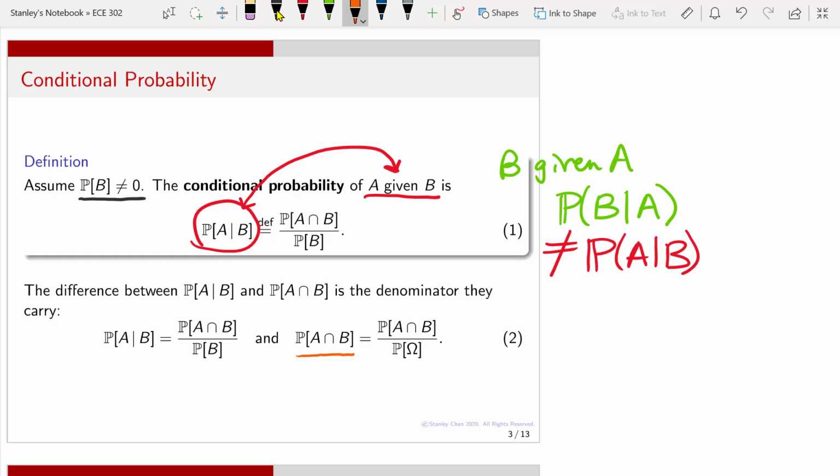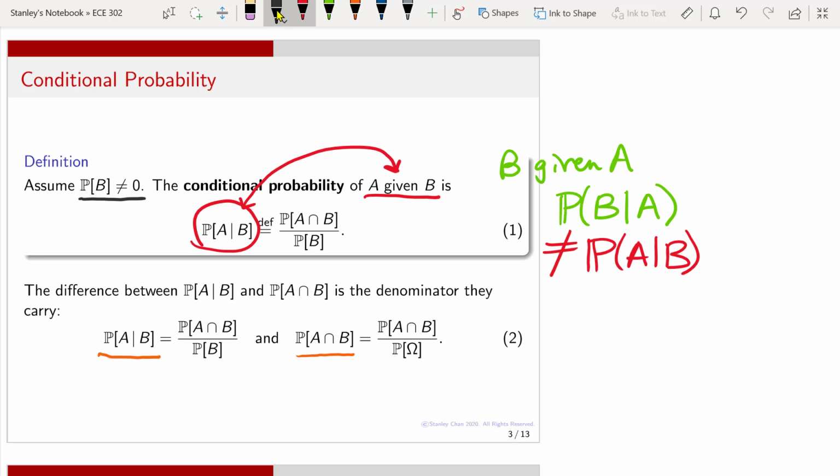Let us consider two probabilities. The first probability is A given B. The other probability is A intersect B. Now, both can be written as a ratio. For the conditional probability, you can write it as the ratio of A intersect B divided by B. The intersection can also be written as a ratio. However, the denominator is now just the entire universal set, or the sample space.